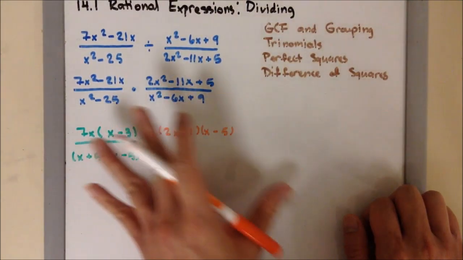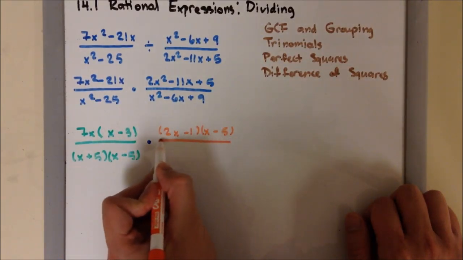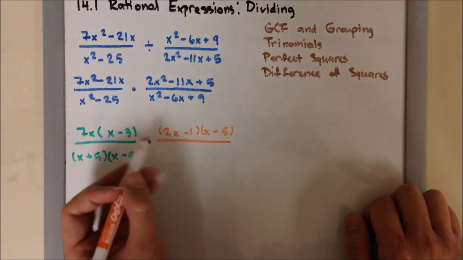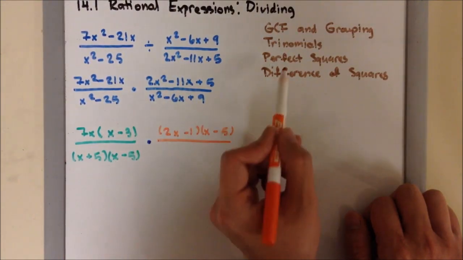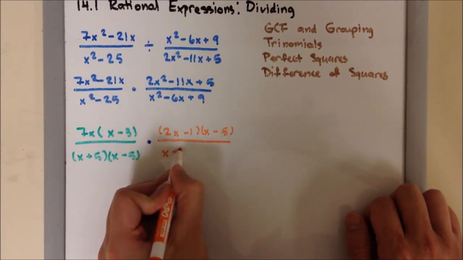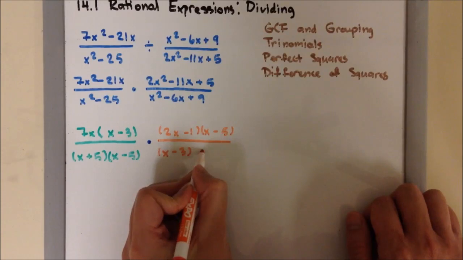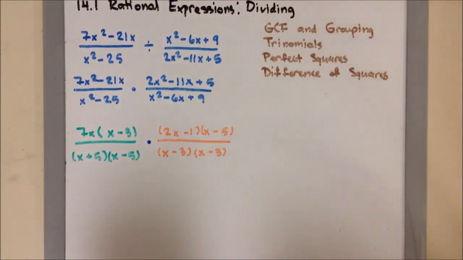Like I said before, I'm not going to write out the work, but I do recommend that you write out your work in your notes so you can understand the whole process. Now in the denominator, x² − 6x + 9 is a perfect square, so when I factor, it's going to be (x − 3)(x − 3), and I'm going to leave it in expanded form.